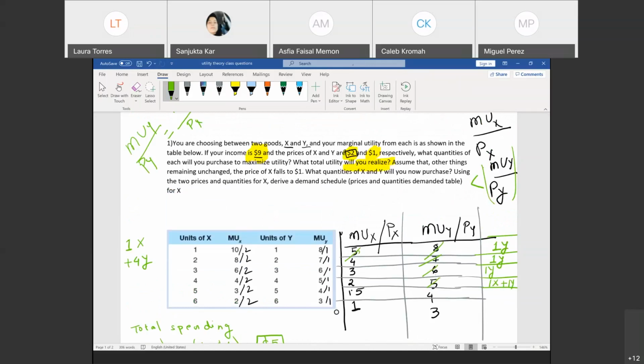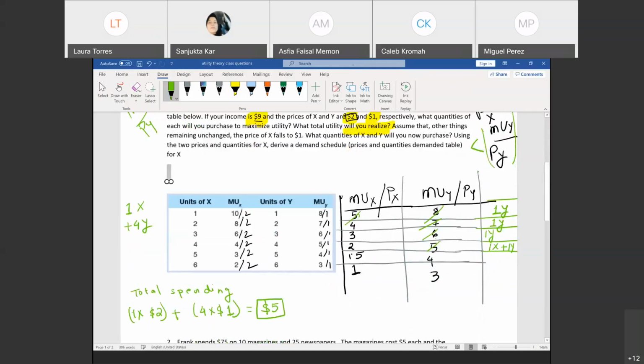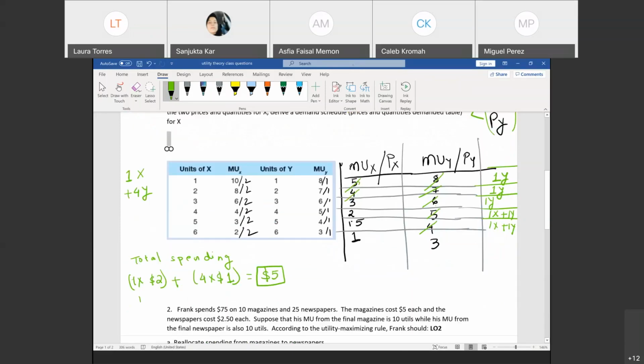This problem doesn't really end here because I have an income of $9. So I need to spend more money here. I need to spend all my income. So let's see, I'm going to strike this 4 off. Going to buy 1 more unit of X and 1 more unit of Y. So 1 more unit of X is going to cost me $2. 1 more unit of Y is going to cost me $1 here. 2 plus 1 is equal to 3, 4, 5, 6.